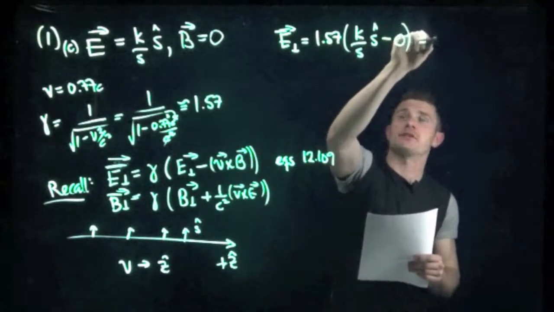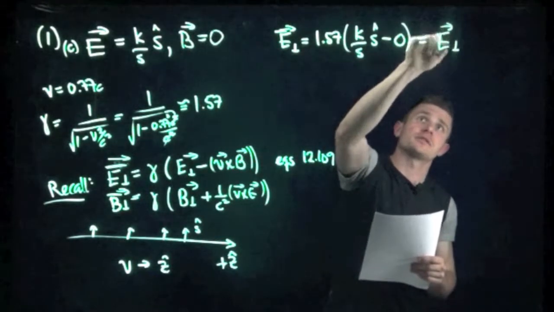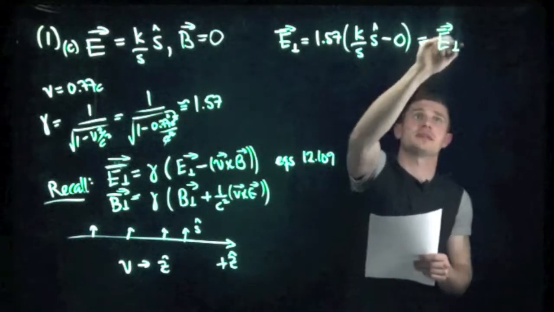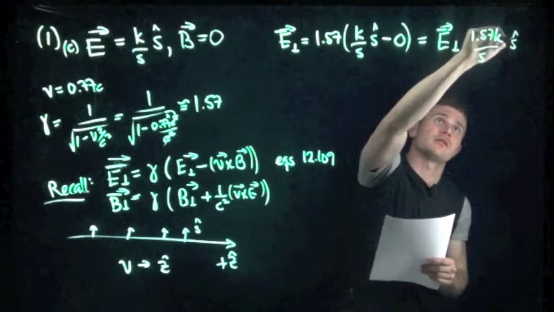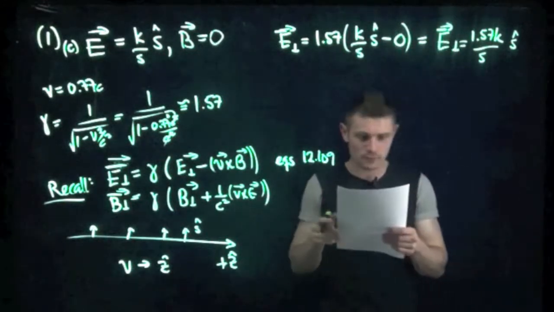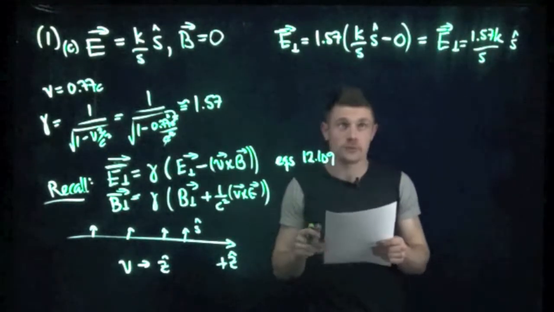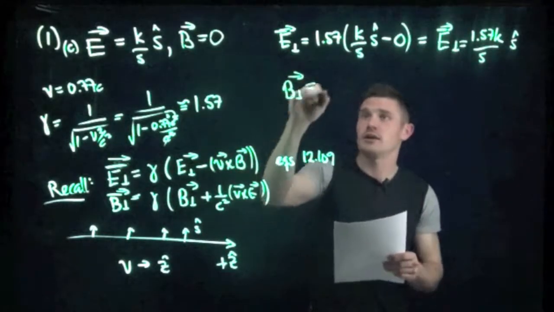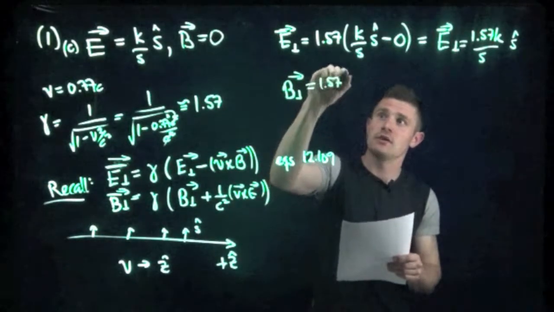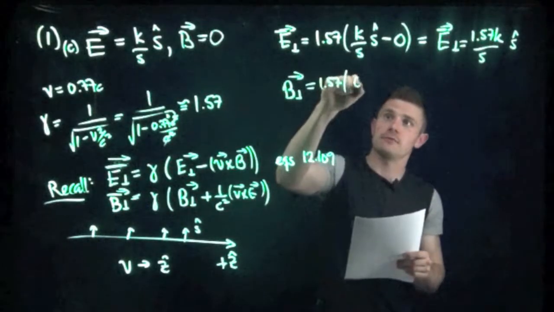So we find that the electric field that Heidi observes, E bar, is given by 1.57 k over s hat.